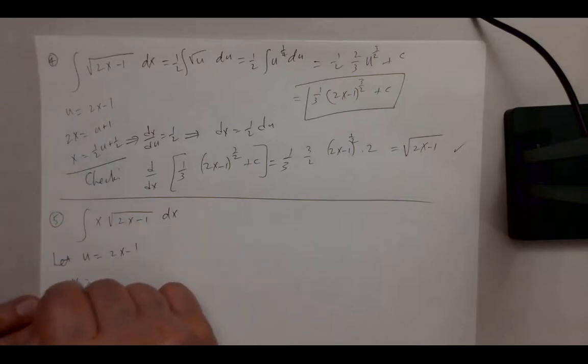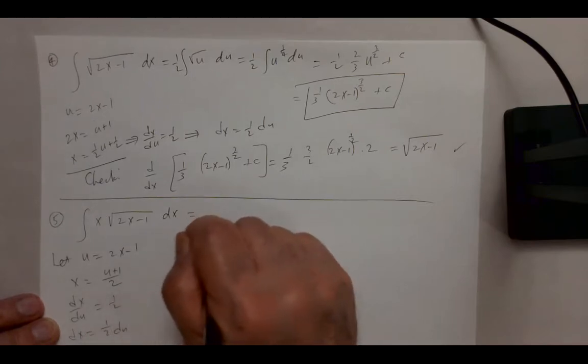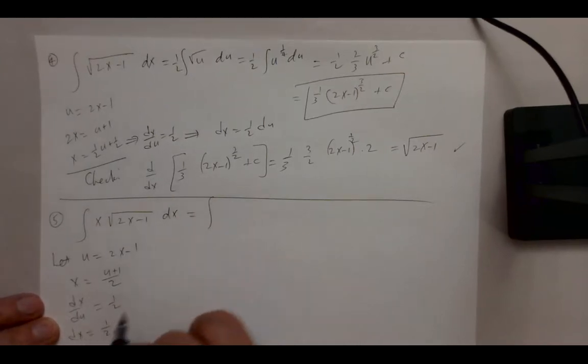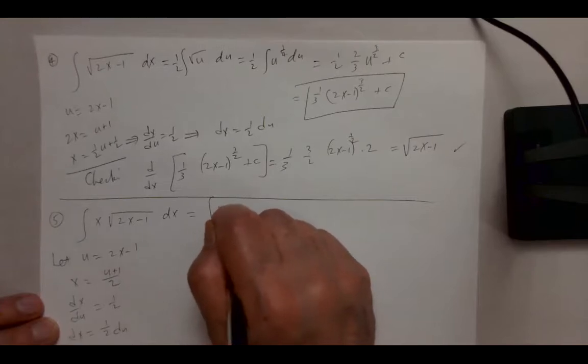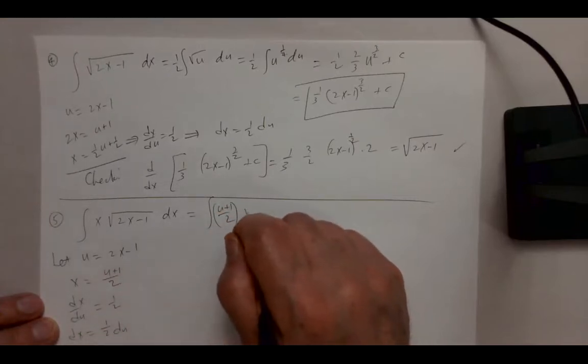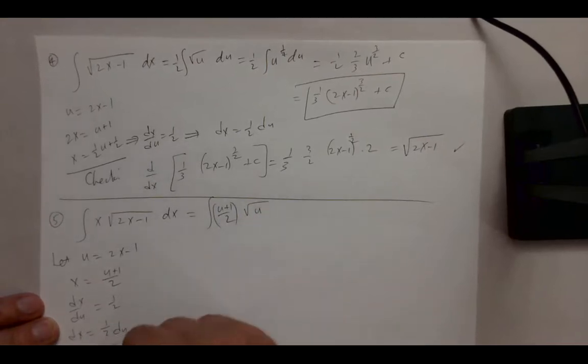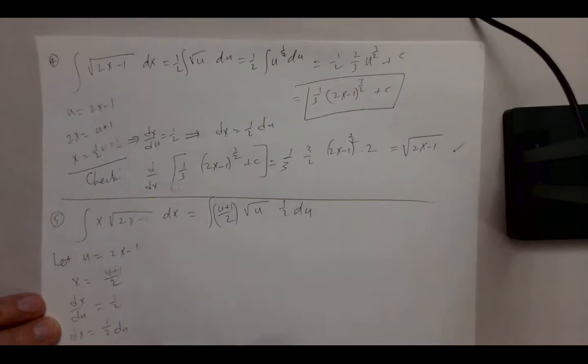So if I solve for x, x is equal to (u plus 1) over 2. And dx/du is a half, so dx is 1/2 du. So when I substitute, I get the integral of, what is x? (u plus 1) over 2 times the square root of u, times dx, which is 1/2 du.